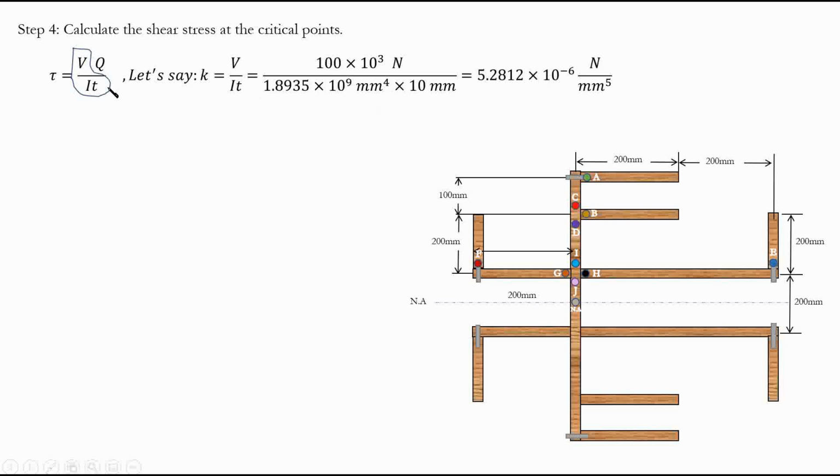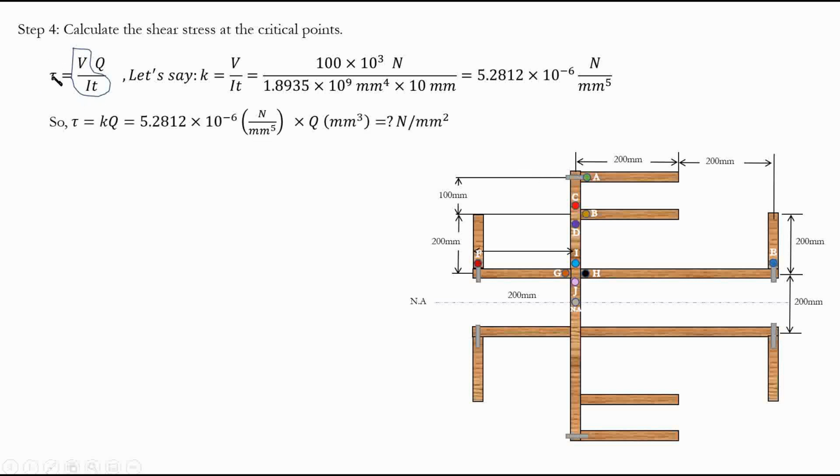So we take this out and say that this is K. K is equal to V over IT, and this value is a constant. So this value multiplied by the Q value for each of these segments that I found will give me my stress value at that point, right?